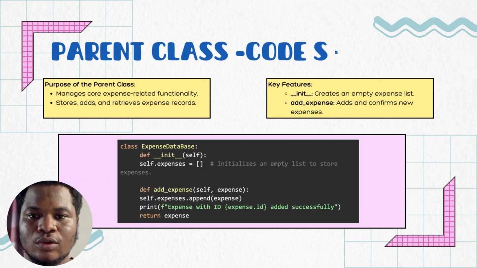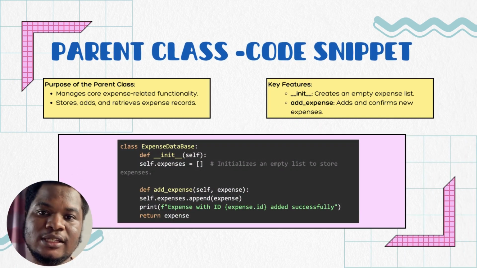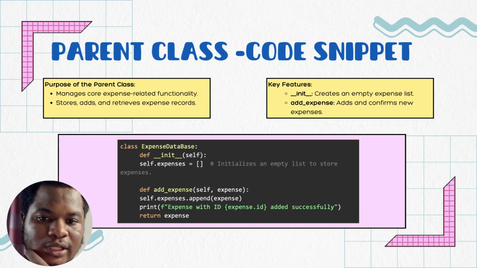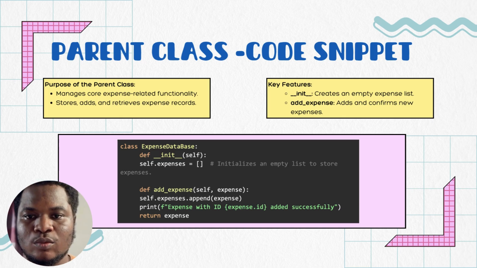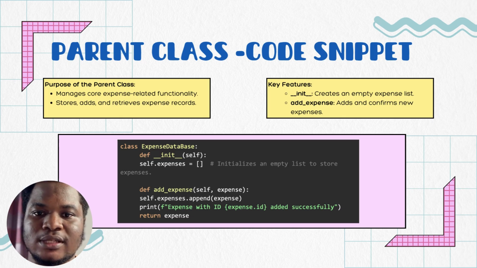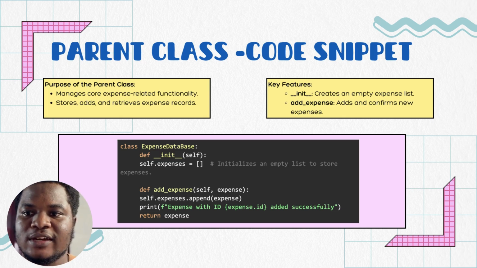So in our code, we first have the parent class, like I said earlier in the definition of inheritance. On display we have the classes in our application. We have the parent class, which is the expense database class. It serves as the parent class.